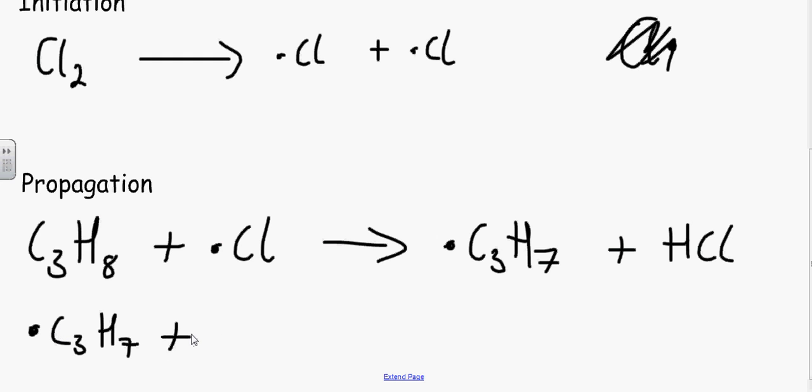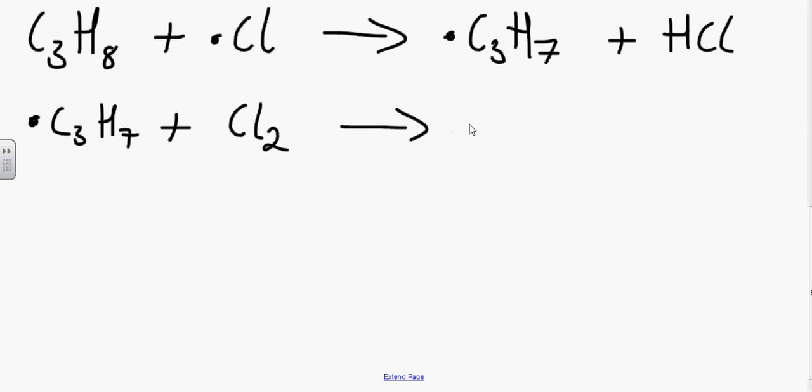So we add that with chlorine gas to make C3H7Cl, because what's happened is that this is split up and the chlorine has replaced the electron plus chlorine radical.